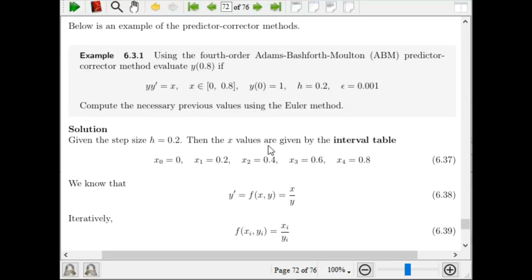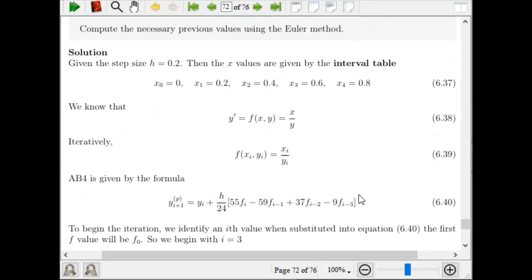What happens to y1, y2, y3? Where are we going to get the values from? The question has stated that if you need them, use the Euler method. So you use the y values here to find that with Euler, you use this to find that with Euler, and you use this to find that with Euler. Then you use all these together to find y4 for the predictor method.